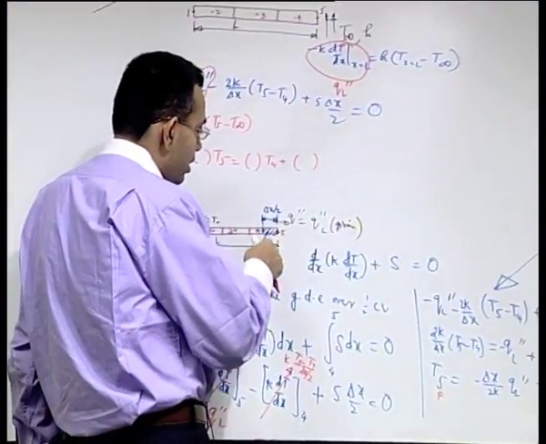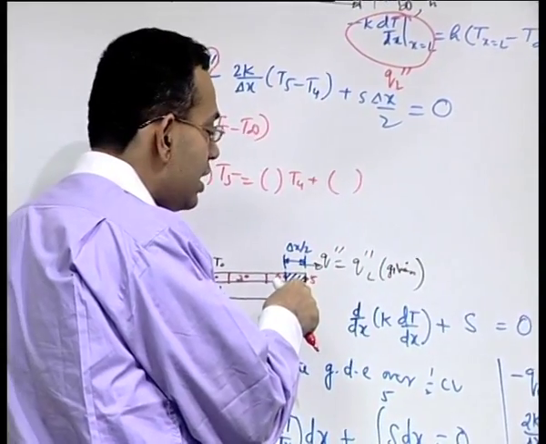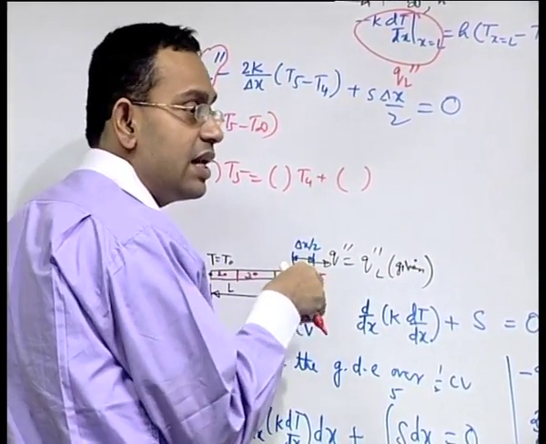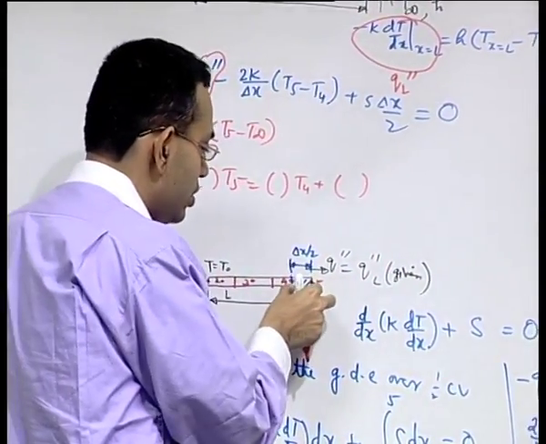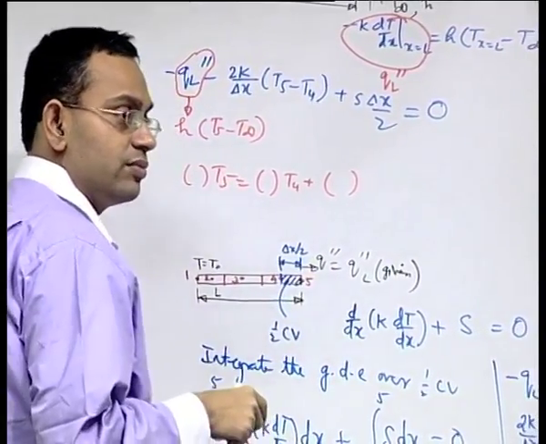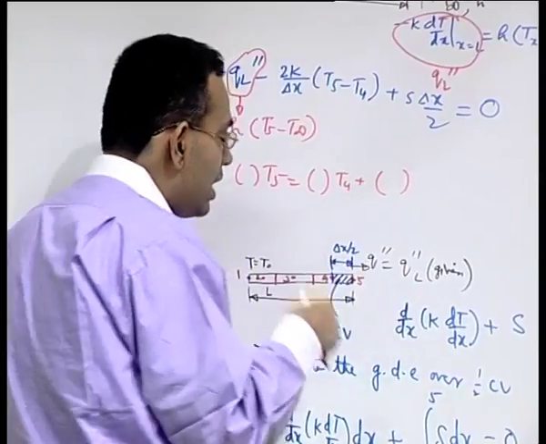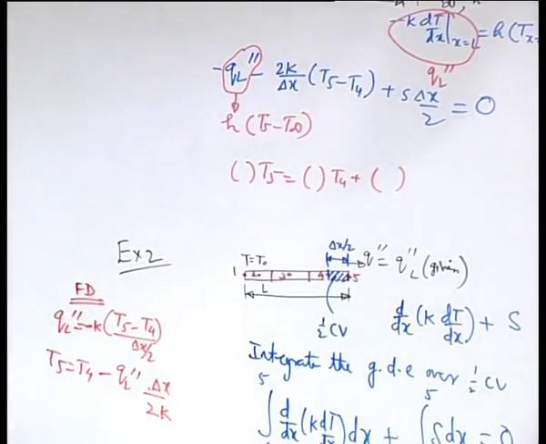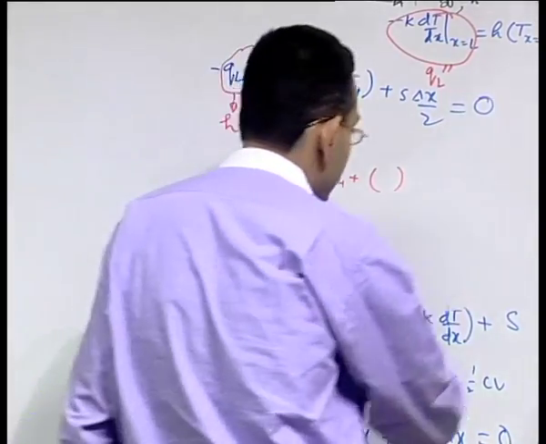One is that you implement it as a heat flux boundary condition, the other is you implement it as an artificial source term. So, if you consider this control volume, what does the heat flux do for the control volume? Let us take an example to illustrate that. Let us consider a different example.